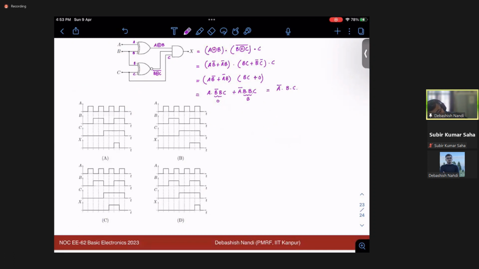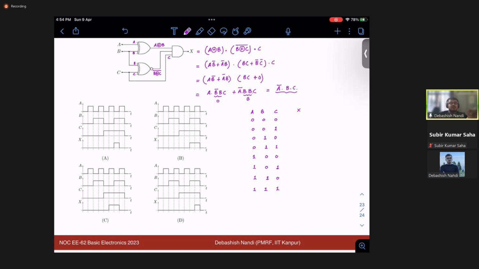So what will be your A, B, C and X? 0, 0, 0, 0; 0, 0, 1, 0; 0, 1, 0, 0; 0, 1, 1, 1; 1, 0, 0, 0; 1, 0, 1, 0; 1, 1, 0, 0; 1, 1, 1, 0. Okay. So how to go about it? You see, when these three turn, one min term is there.